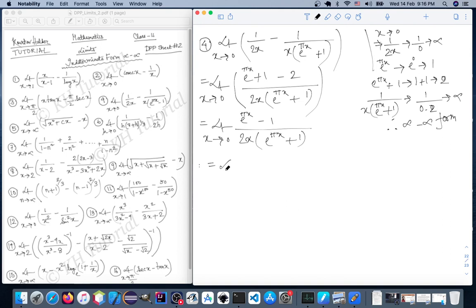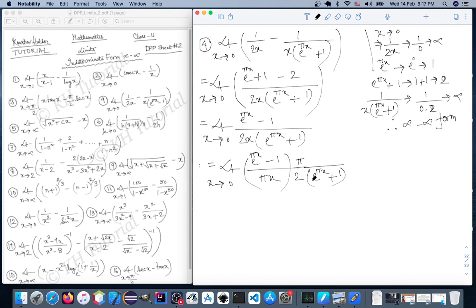So let's create that. E to the power pi x minus 1 divided by, let's put pi x over here. We already have the x in the denominator, so we need to adjust the pi, and the 2 will be here, and the rest, the term to the power pi x plus 1.